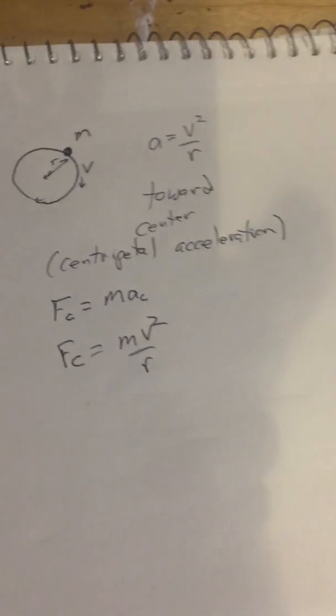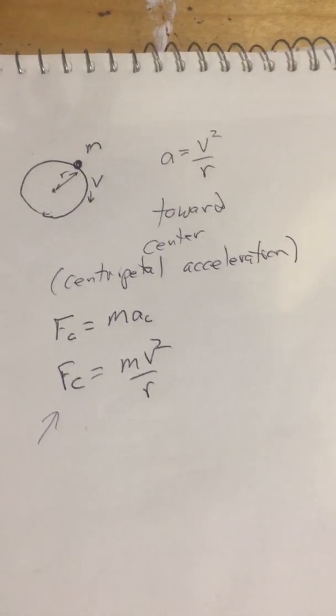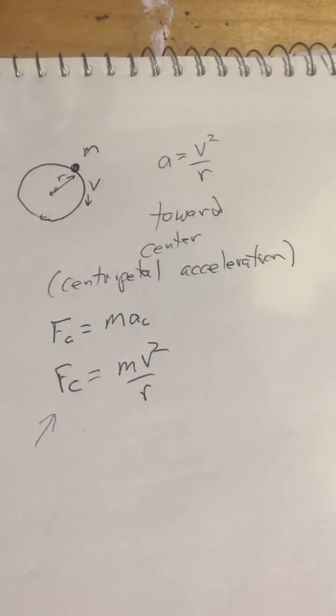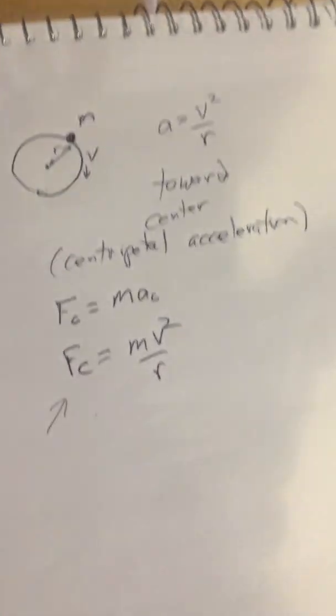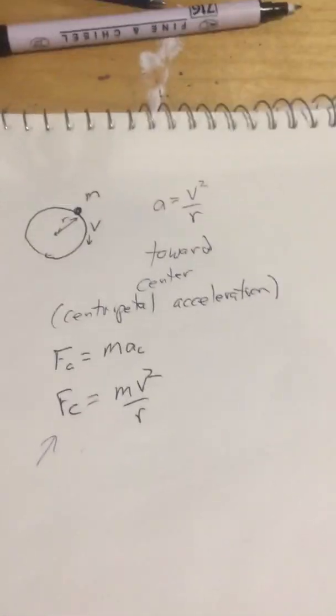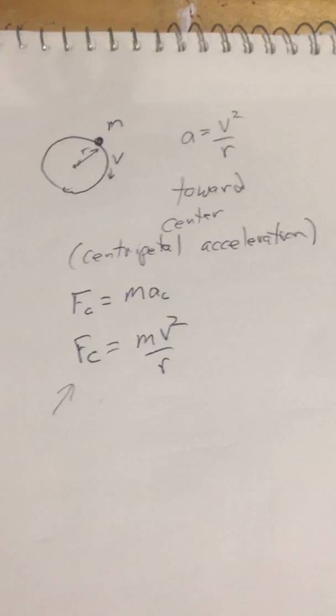And the centripetal force is not a new force, it's whatever force we know is acting. It could be friction, it could be gravity, it could be tension, it could be the normal force. We've seen all four of those act as a centripetal force in different circumstances.